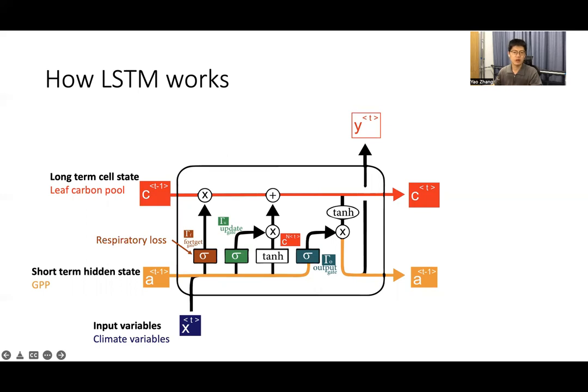With these inputs, we will also predict a photosynthetic carbon gain and an additional allocation coefficient, which determines how much carbon will be allocated to the leaf pool. The cell states will be updated based on this respiratory carbon loss and the new carbon gain.